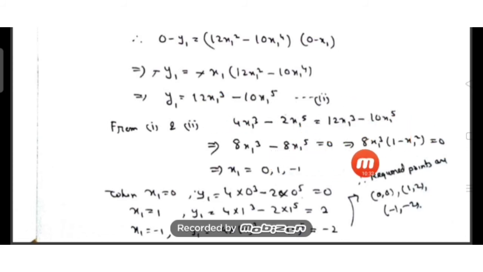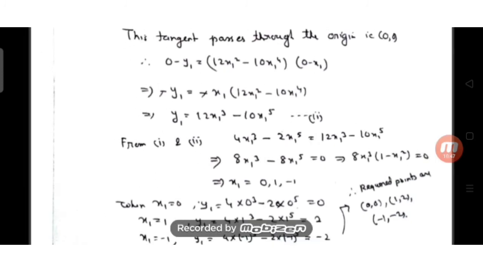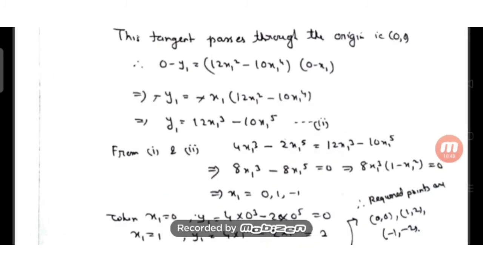Then you have to solve it. Let us take the like terms together: 4x1 cube minus 12x1 cube.